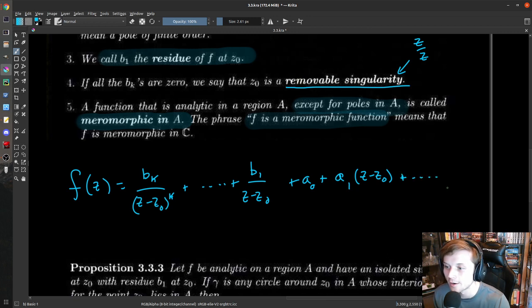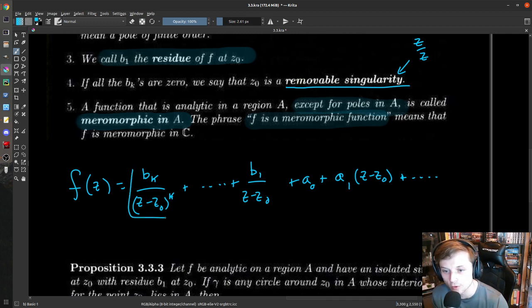Plus it doesn't have an essential singularity, just a pole of order k. So that means b_k is the leftmost non-zero coefficient in this part with the z's on the bottom, right?